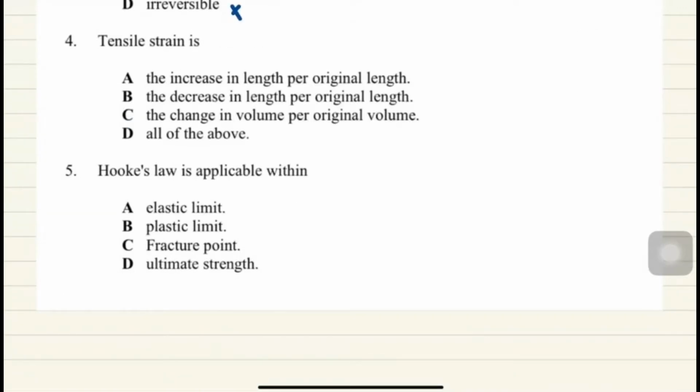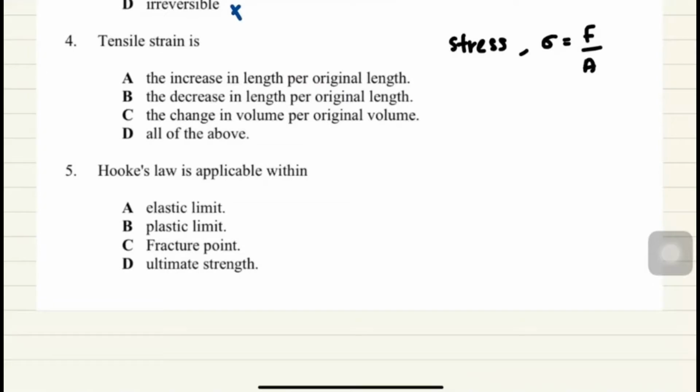Question number 4. The tensile strain is... what is the answer? Okay, for stress and strain, let's recap. For stress, the symbol is sigma and the formula is F over A. For strain, it will be epsilon, and the formula is elongation over L naught.